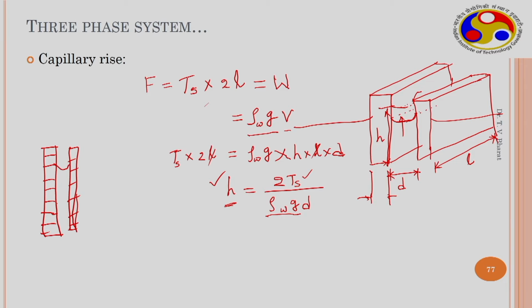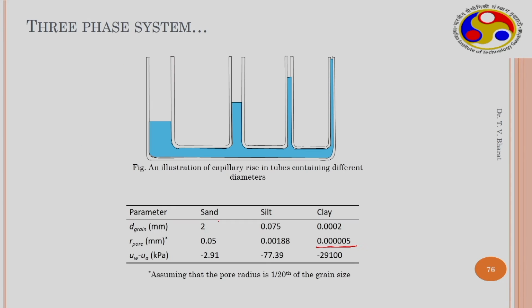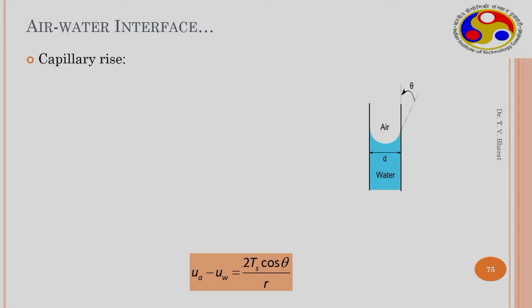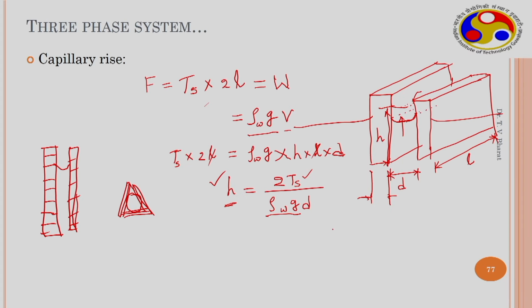This is the most unlikely. Rather than that, if you assume that the particles are stacked like this, these are clay particles which are stacked and form a tactoid kind of thing, then this pore size could be approximated as spherical, and we can use the earlier expression.